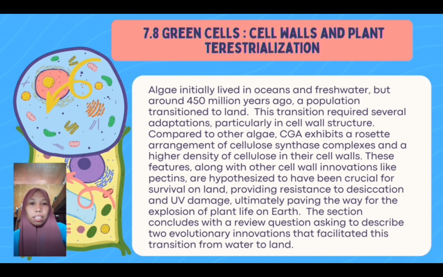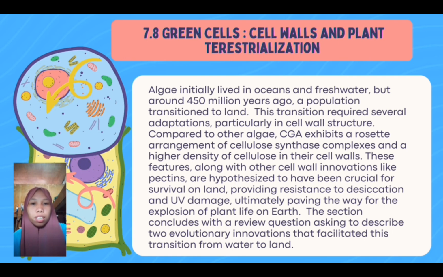Algae initially lived in oceans and fresh water, but around 450 million years ago, a population transitioned to land. This transition required several adaptations, particularly in cell wall structure. Compared to the other algae, CGA exhibit a rosette arrangement of cellulose synthase complexes and a higher density of cellulose in their cell walls.